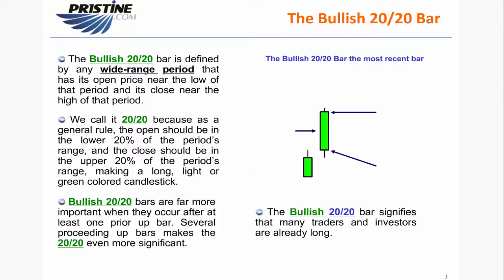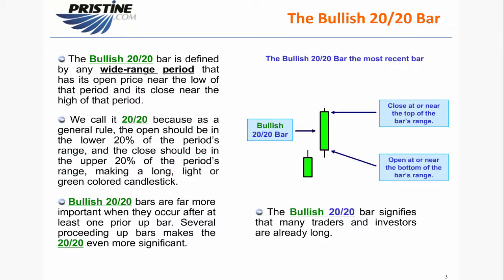So the first thing that we need to do is define a bullish 2020 bar. It's simply defined as any wide range bar that has its open price near the low of that time period and the close near the high of that time period. The reason we call it a 2020 bar is because as a general rule, the open should be in the lower 20% of that candle's range and the close should be in the upper 20%.